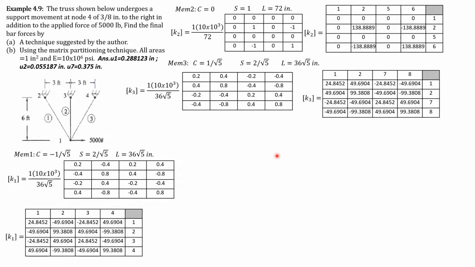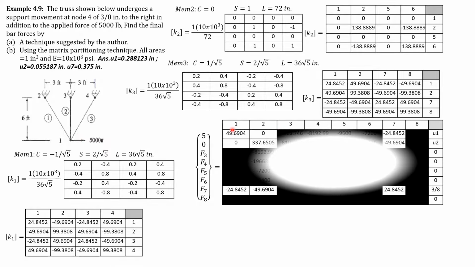Then for the global stiffness matrix, we have 8 by 8 supposedly, but we do not consider all the 8s, because this is supposedly by technique A, this is 3 by 3 only.